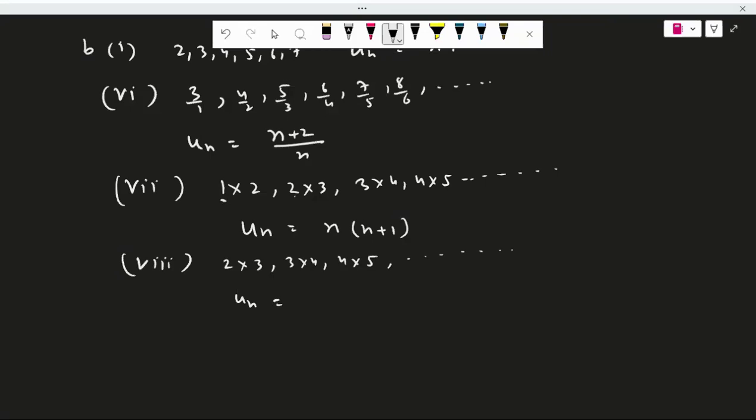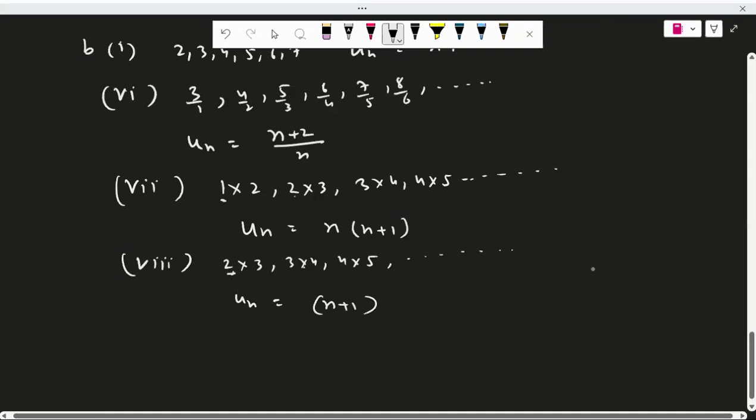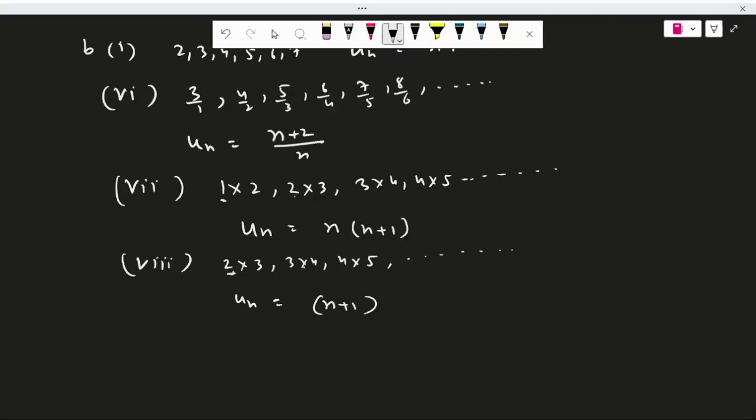Yes, Rajveer. It's quite easy. See what I told you earlier. Look at the first number. It's 2, 3, 4 in order, but it is starting from 2, not from 1. Then what will we do? For the first number, we will take n plus 1. The second number is 3, 4, 5.